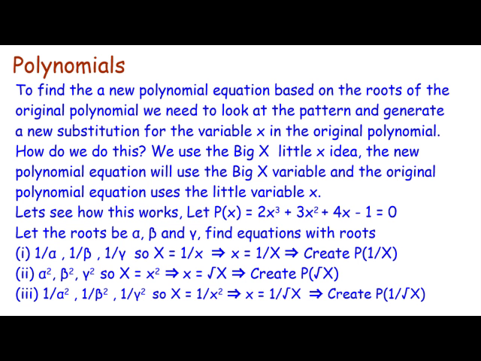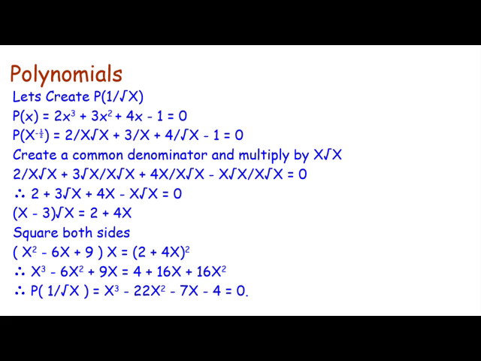I now need to create what's called P of 1 over root X, and that's X to the negative 1/2. So I substitute x equals big X to the negative 1/2 into the original polynomial P of little x. When I do that, I'll rewrite it as 2 over X root X plus 3 over X plus 4 over root X minus 1.